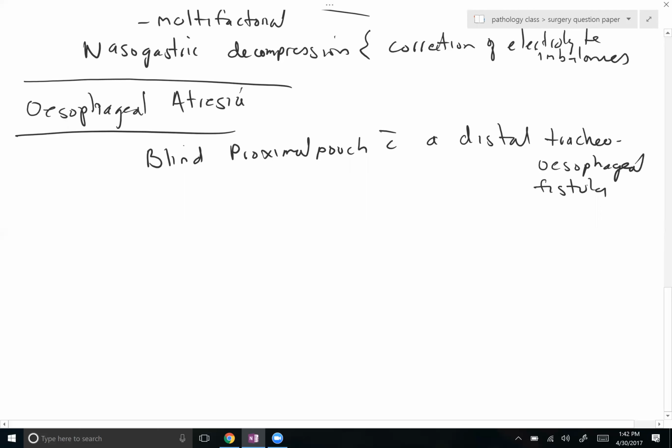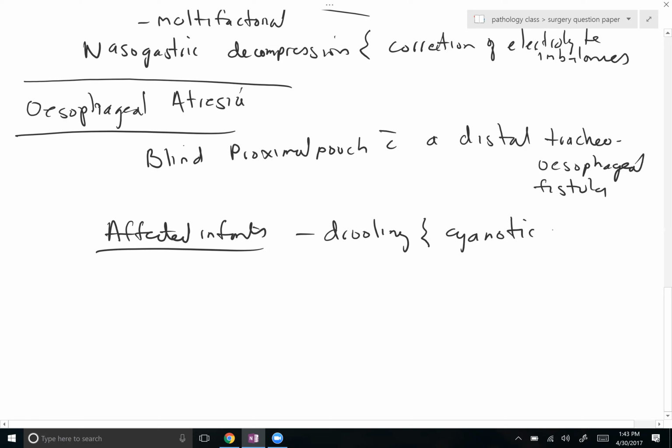Now, first we'll look at the clinical features of this. We said that it is congenital, so the affected infants will present with drooling and cyanotic episodes on feeding, or whenever we attempt to feed the patient.